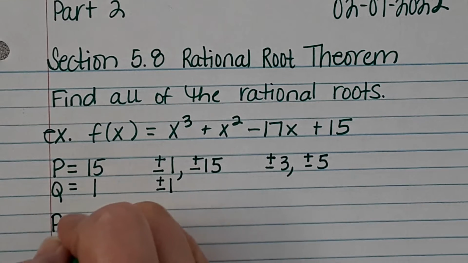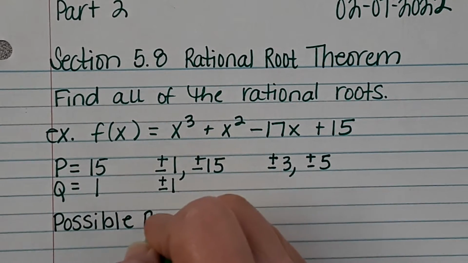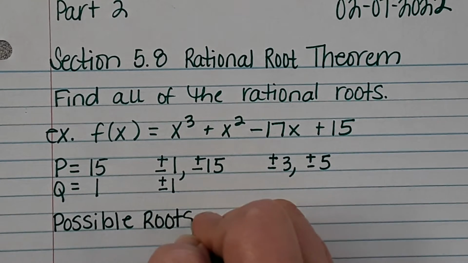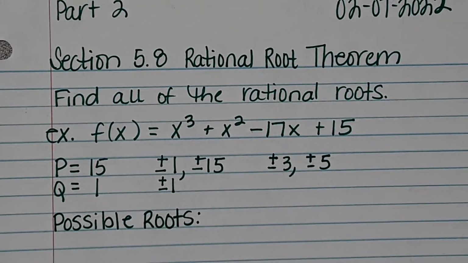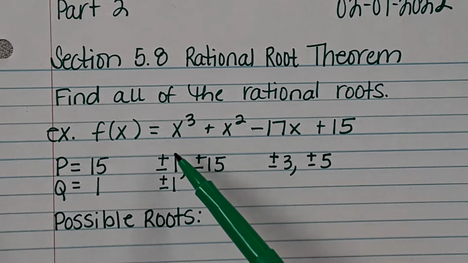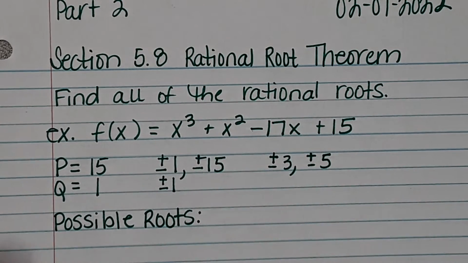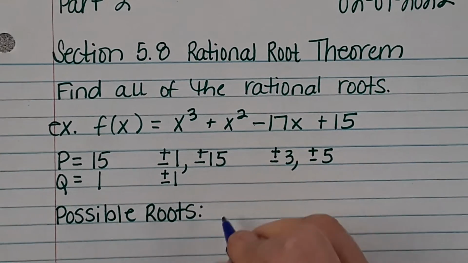So now we're going to write our possible roots. Possible roots are p over q. So we're going to take p, we're going to put them over q. So positive or negative 1 over positive or negative 1 is? Okay.